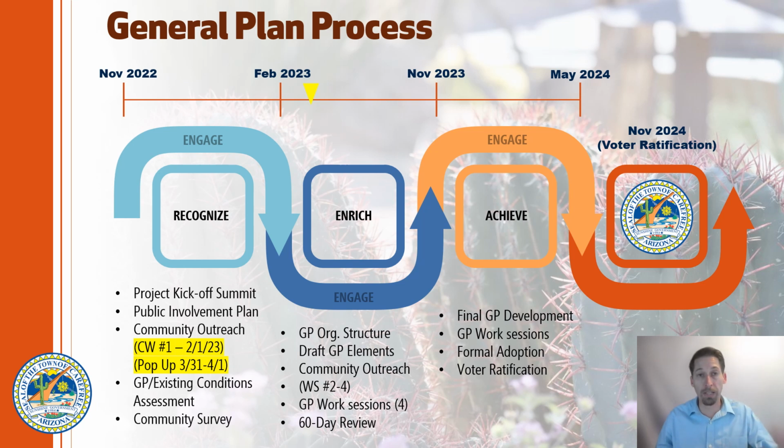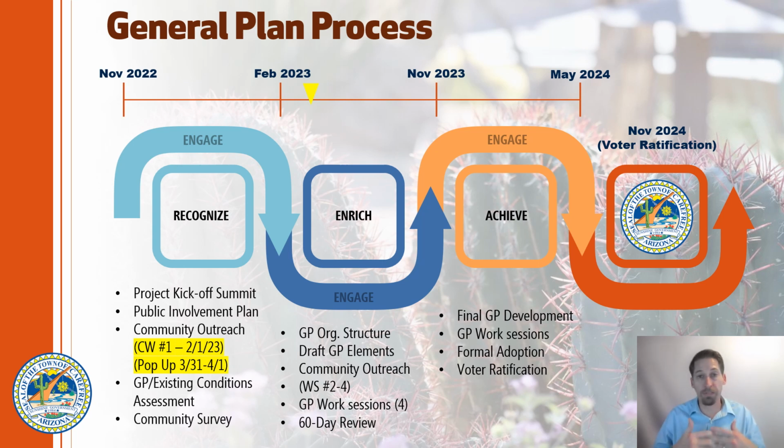While we do take the plan to the Planning Commission for recommendation and then to Council, I should say, for approval, ultimately the plan is not finalized until it's placed on what we're currently working towards as the November 2024 ballot for final voter ratification. So unlike any other planning or community-led effort within the town, this general plan is actually finalized by a vote of town residents.